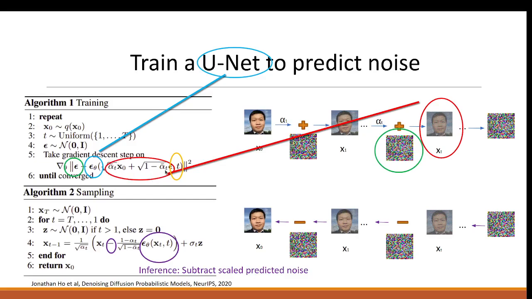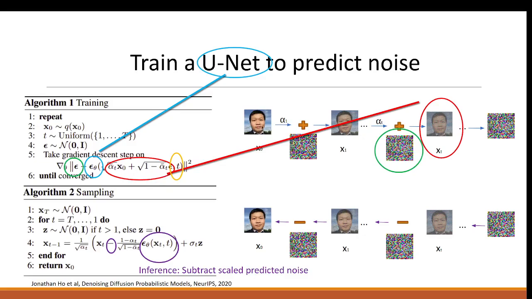When this is close to 1, the whole term is close to 0. That means we have less noise. As we move on to larger T, the scale will be smaller, and then the noise increases.